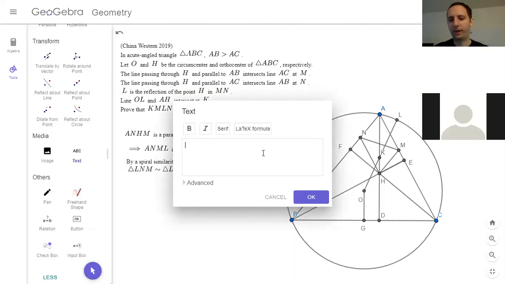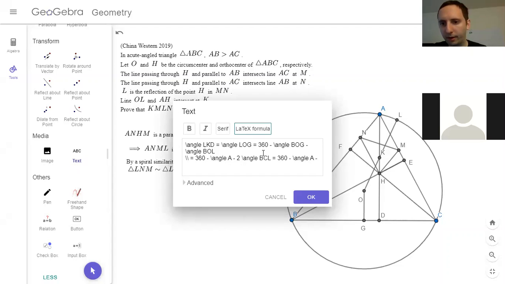We have angle LKD equals angle LOG, which is 360 minus angle BOG minus angle BOL, which is 360 minus angle A minus twice angle BCL, which is 360 minus angle A minus angle NML.